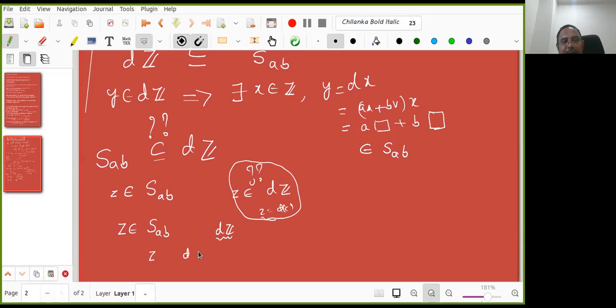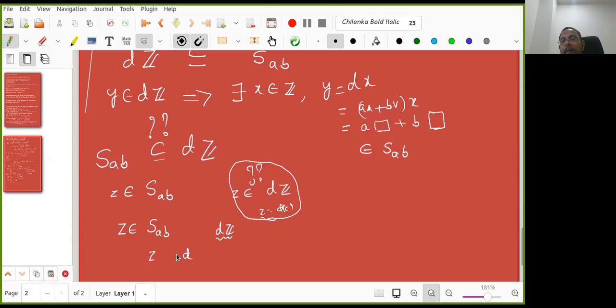I have Z and I have D. I want to show that D divides Z. Generally, you give two integers, how is it possible that D divides Z? Z itself has some property. It is a linear combination of A and B, and D is the least here. So these are the things already with us. Somehow I need to use it. But how do you use it to prove that? So this is the question.